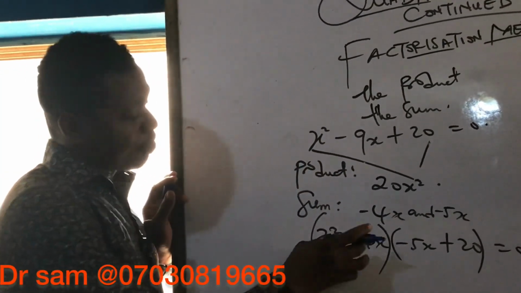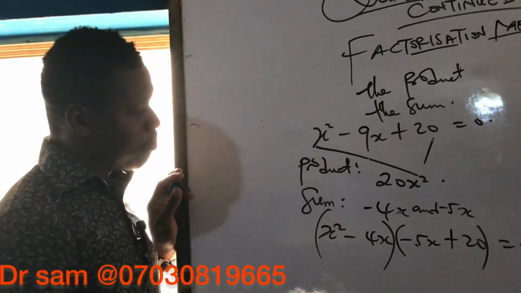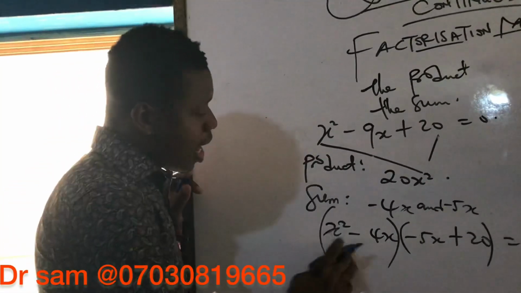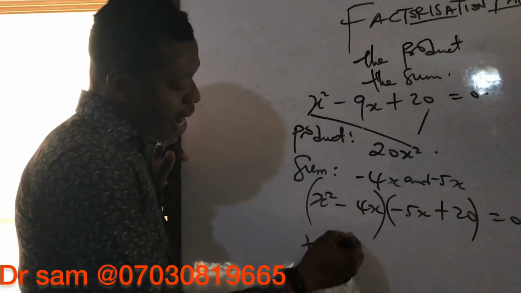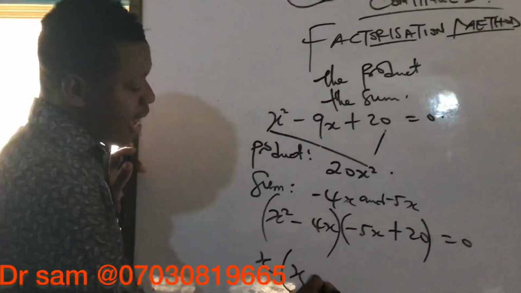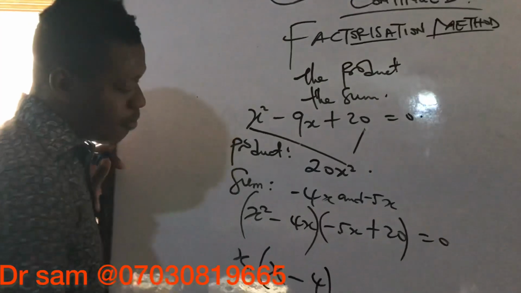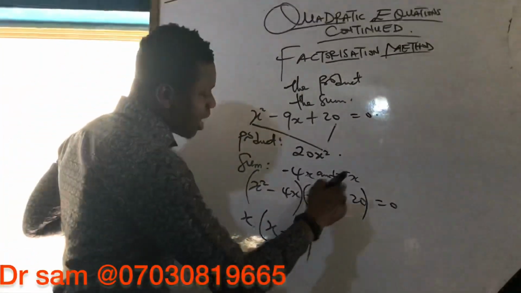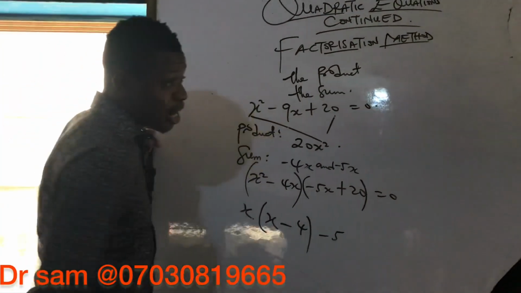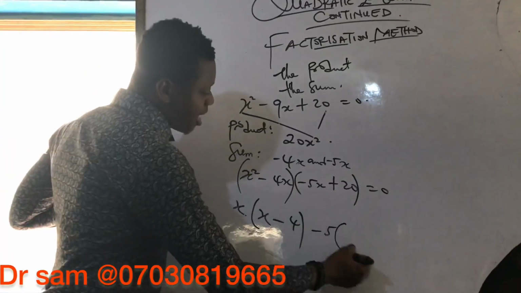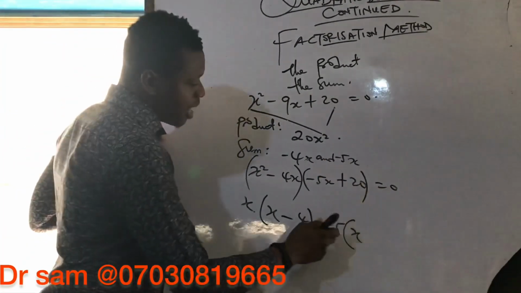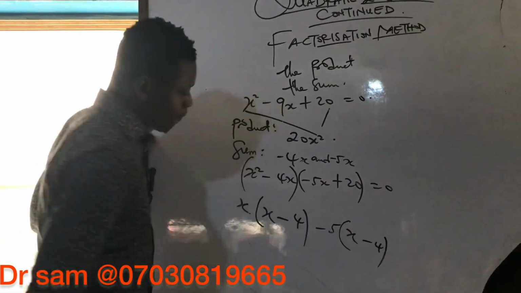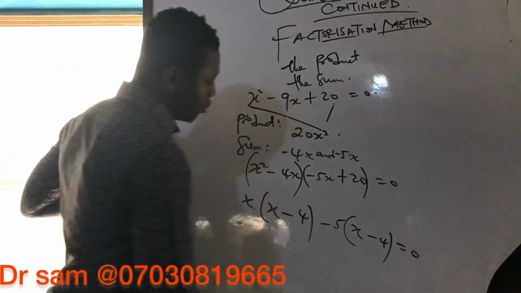Then you take what is common in each of the brackets. x squared and 4x, x is common. So x divided by x squared is x, and x divided by 4x is 4. Then minus 5x and 20, the common factor is minus 5. Minus 5x divided by minus 5 gives us x, and 20 divided by minus 5 gives you minus 4, equals 0.